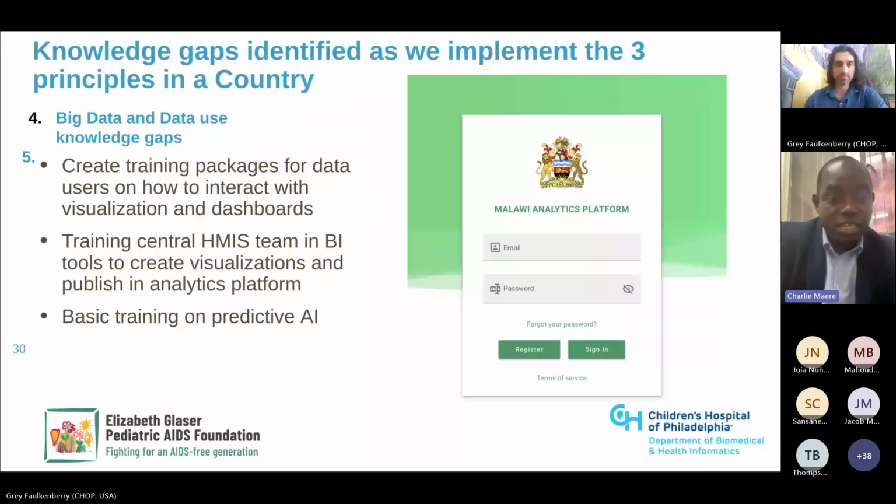We train people to interact with analytics at facility level, at national level, and so on, but also train the HMIS or informatics staff within the ministry how to use BI tools like Power BI, Tableau, and others, and then basic training on predictive AI to start making predictions out of the data coming out. Next slide.